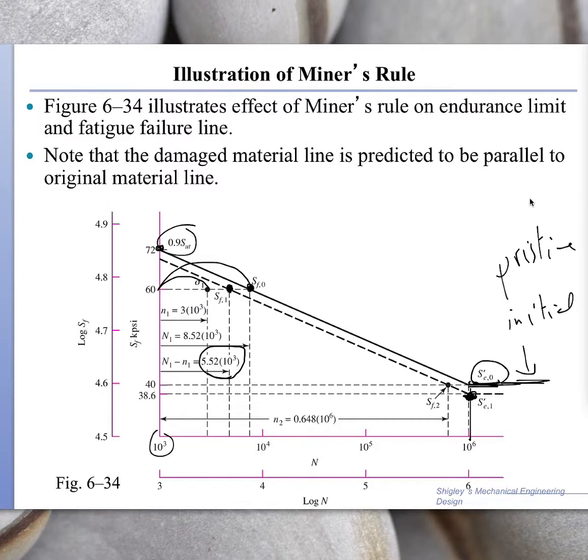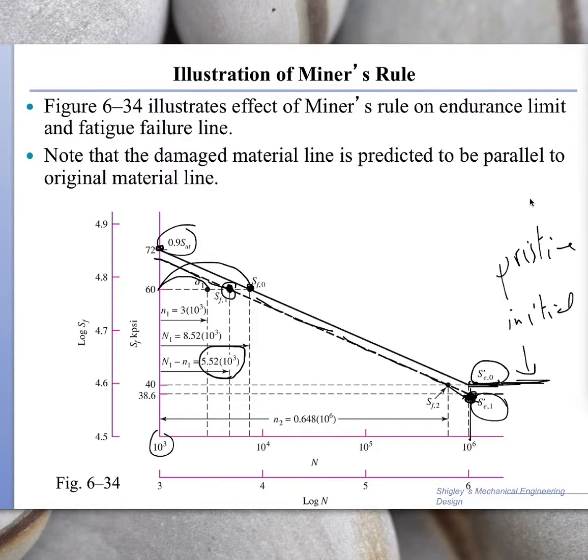So I have the coordinates of another point. This is 10 to the 6 cycles, and therefore I can shift the entire curve with that magnitude passing through this coordinates, 10 to the 6 cycles at SE1 prime and SF1, that is determined from our damage calculations.